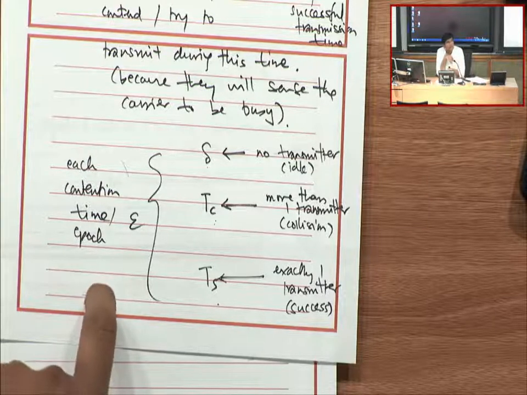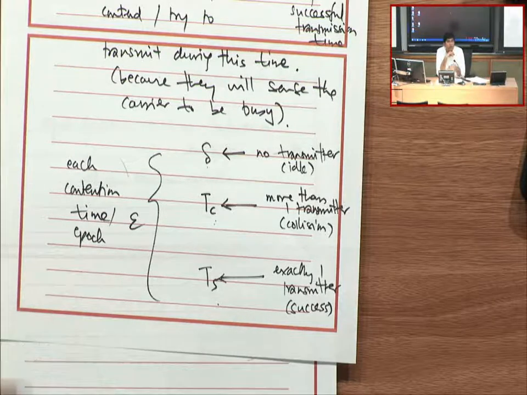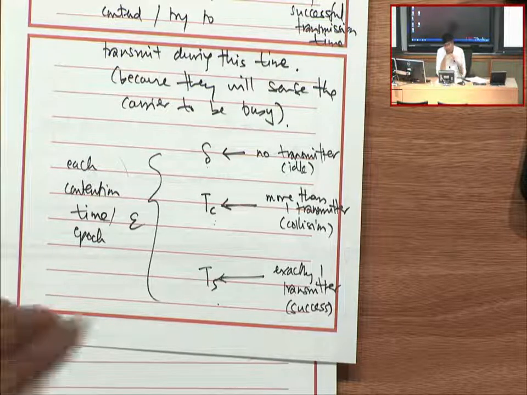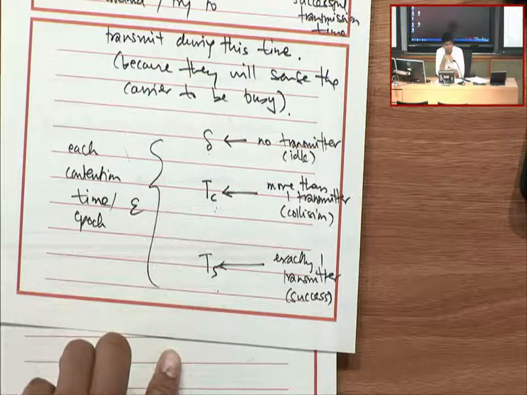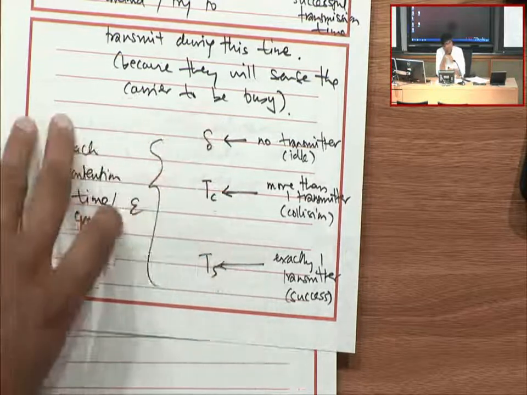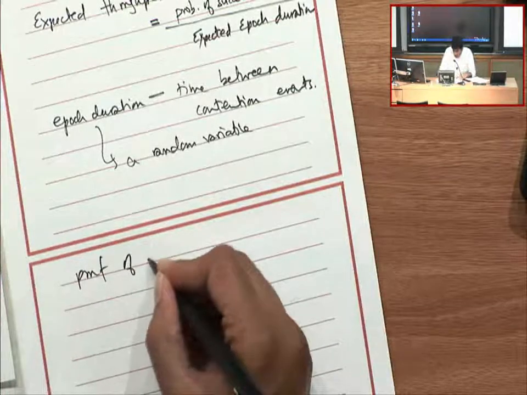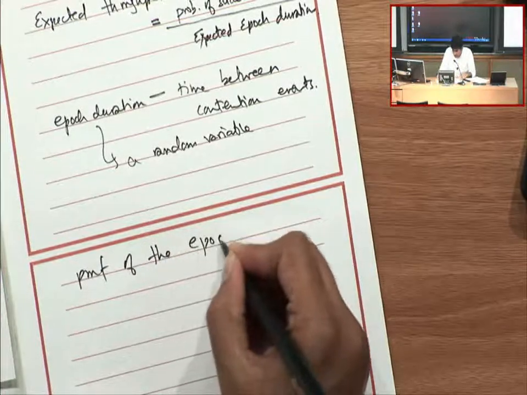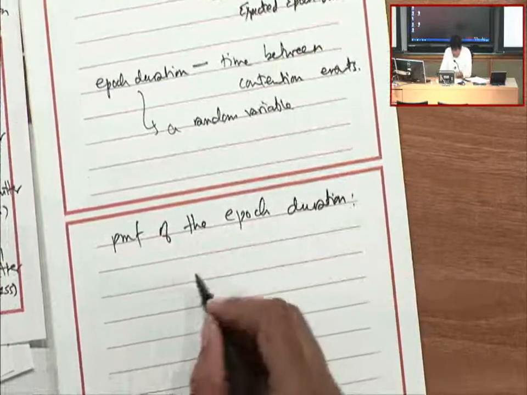The PMF of this random variable, because it's a discrete random variable, will depend on what happens during the contention. Do you have that nobody wins out? Do you have that exactly one person wins out? Do you have that more than one? Those probabilities are associated with each of these three values. So the PMF of the epoch duration is as follows.